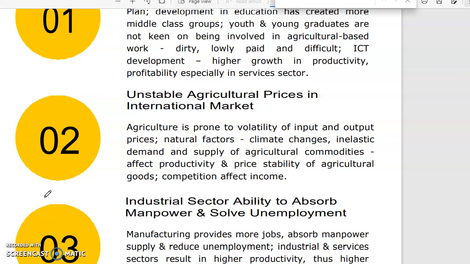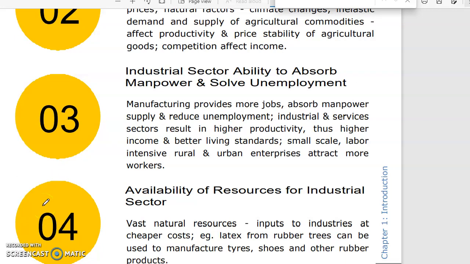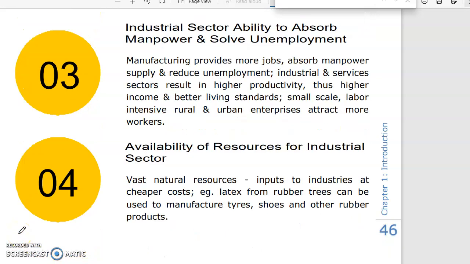Agriculture is prone to volatility in input and output prices, and also depends on climate change and elastic demand and supply. Then we also have the industrial sector's ability to absorb manpower and solve unemployment. So we move to the modern sector that provides more job opportunities and results in higher productivity. Lastly is the availability of resources for the industrial sector. We have natural resources so that we can produce or process them.